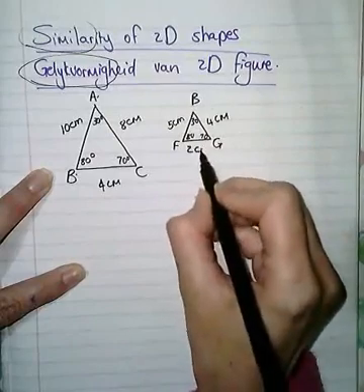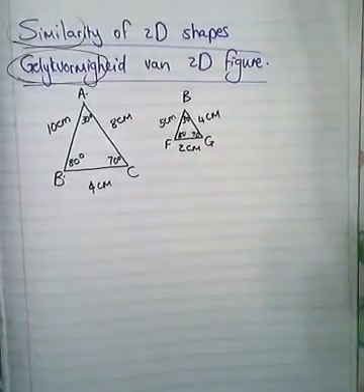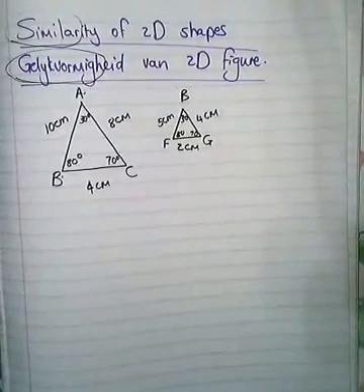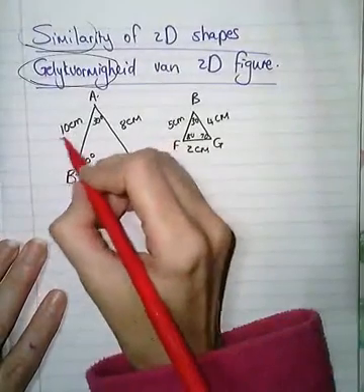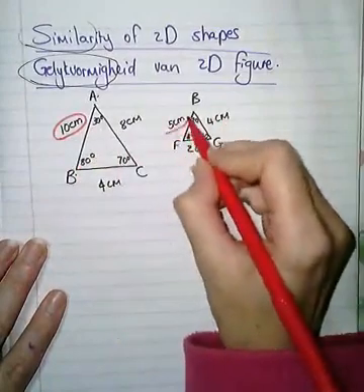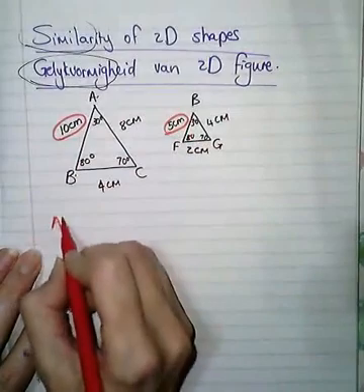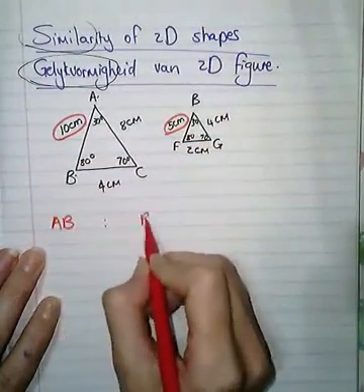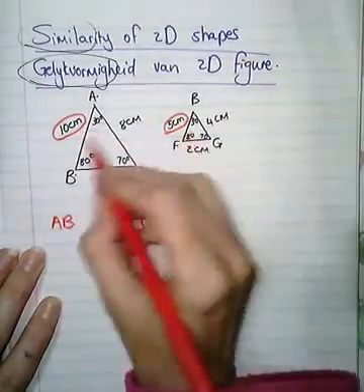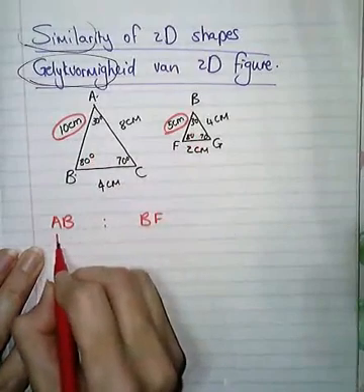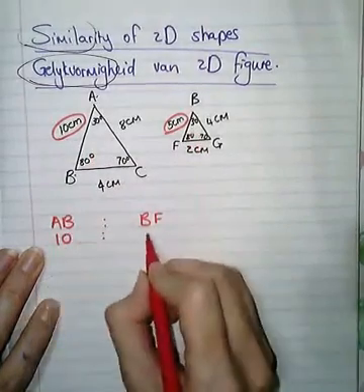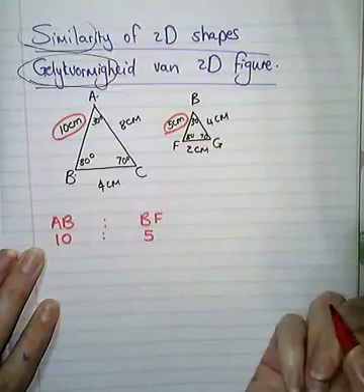So if you look at the relationship, as jy nou kyk na die verhouding van die lengtes van hierdie sye, 10 en 5, sien jy dat AB tot BF, as ons daai lengtes in verhoudings neerskryf, is hierdie 10 cm en daai is 5 cm lang.